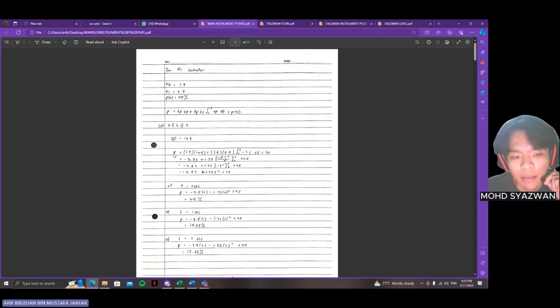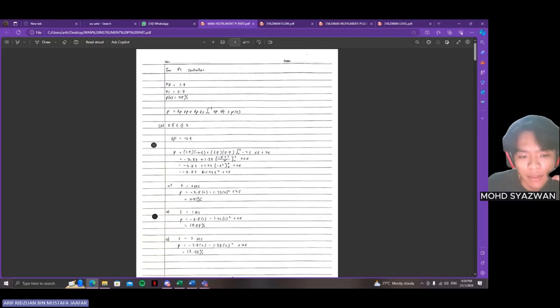This is the formula for P. We just plug in the numbers: 1.9 multiplied by negative 2t for EP, and 1.9 multiplied by 0.7, integral from 0 to t of negative 2t dt, plus 25. 25 is the percentage of P0.